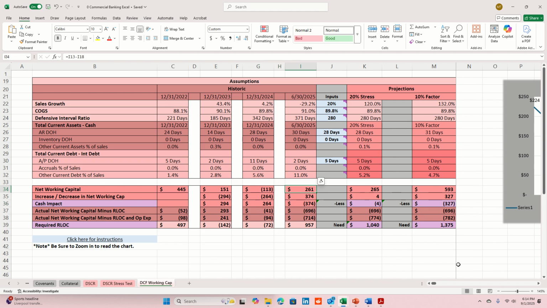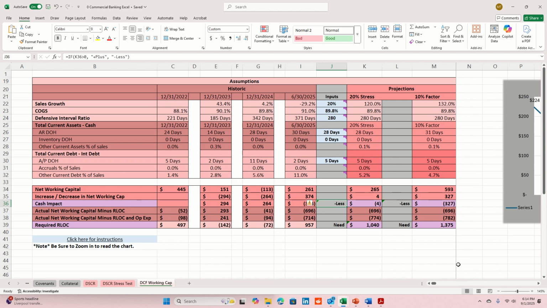Same here. Net working capital increases, which means we gained $374,000 worth of net working capital, but we lost $374,000 in cash.